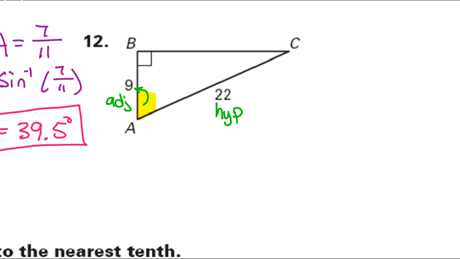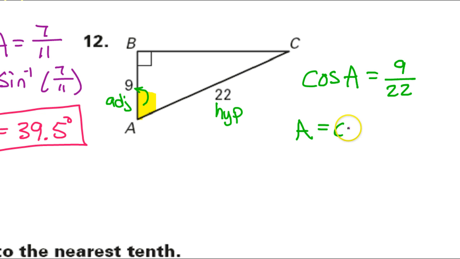Okay, so I need to see three things on your paper. I need to see the setup. Cosine of angle A, that's adjacent over hypotenuse, so that's going to be 9 over 22. So then I can say, okay, angle A will equal the inverse cosine of 9 over 22.